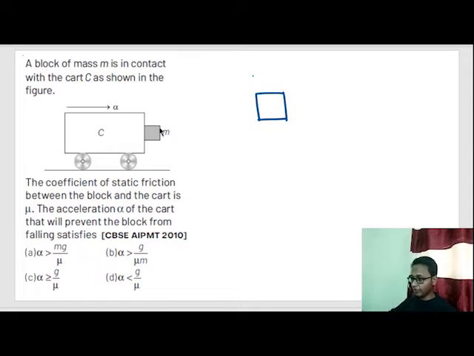The friction force between the train and the Spider-Man, and the gravity force, was balanced. This was your Spider-Man, this was the train. The train was moving, and the Spider-Man was not falling down. Why? Because the friction force between the train and the back of Spider-Man was preventing him from falling down.